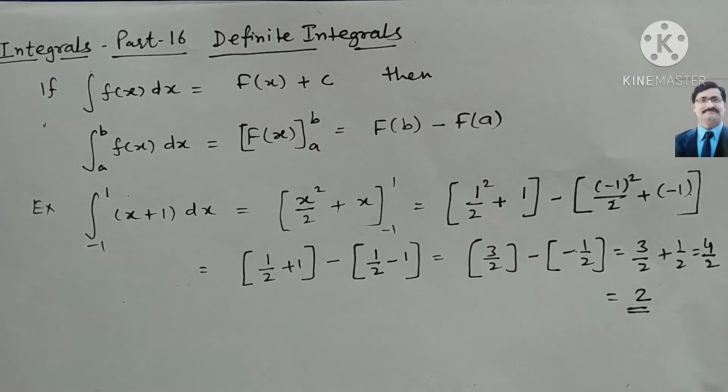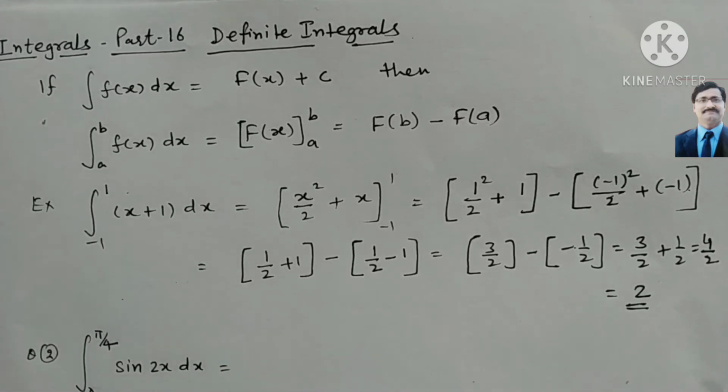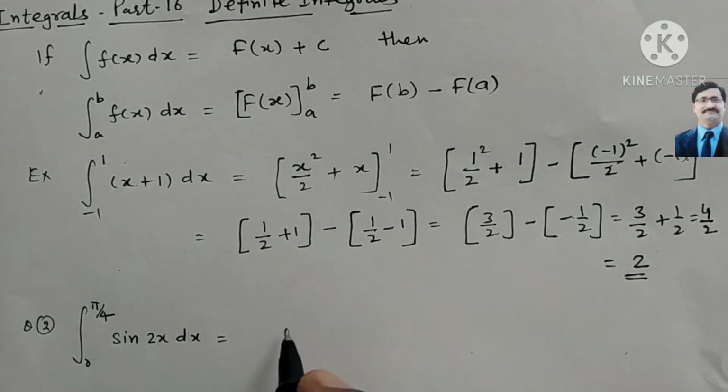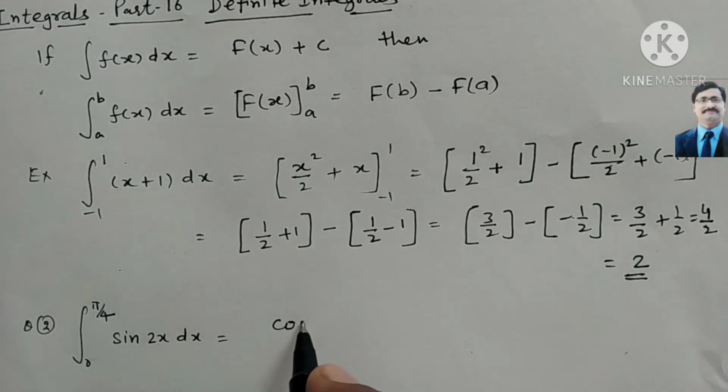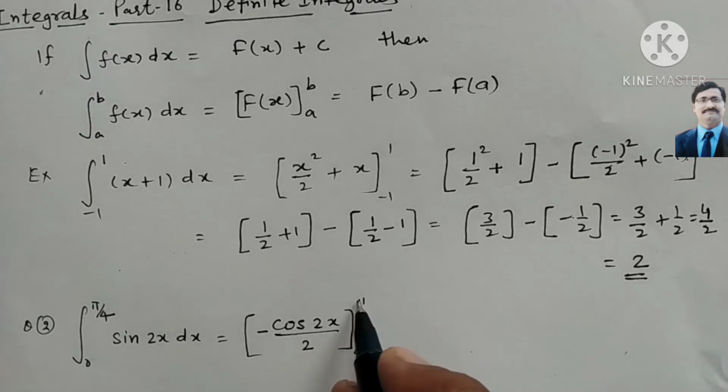So all of you understand this? We do the question here: 0 to pi by 4, and we have sine 2x dx. So look here, this sine 2x integral we know already, we have minus cos 2x upon 2, and the limit is 0 to pi by 4.